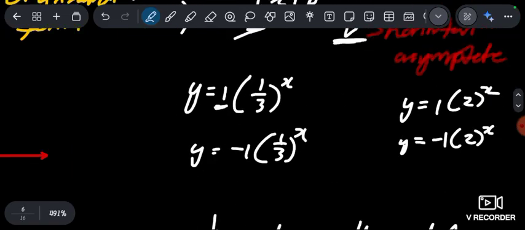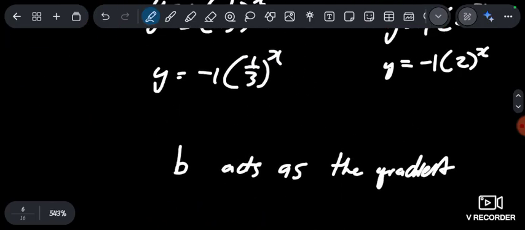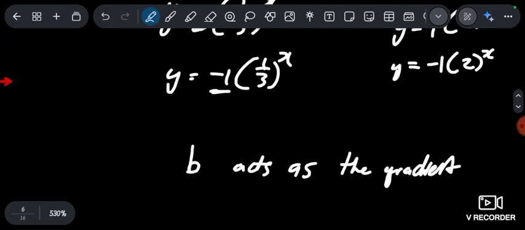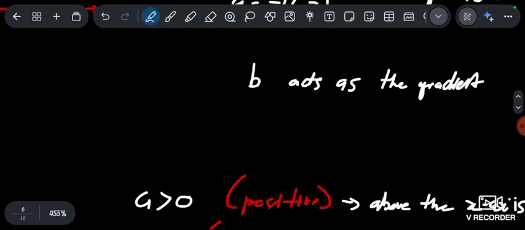Just because A is negative, which is always the 1, or if you are given as 2, whatever, if it is negative, that does not mean now our gradient will be decreasing. If it's positive, it does not mean our gradient will be increasing. I want you to remember it like this.